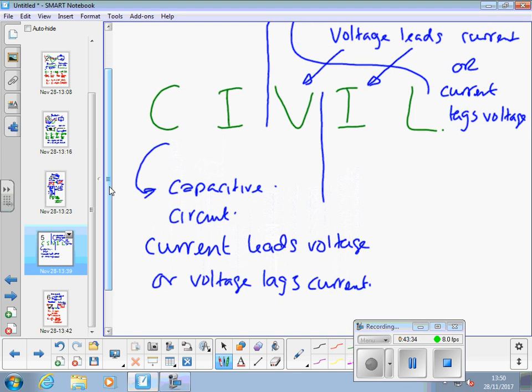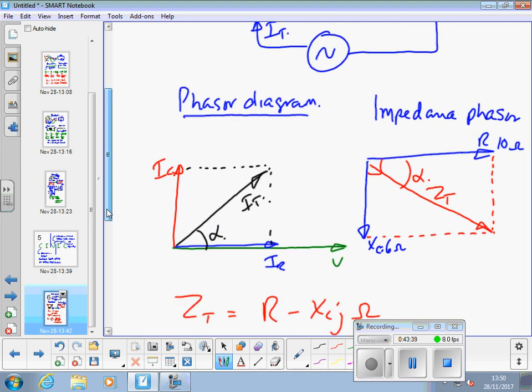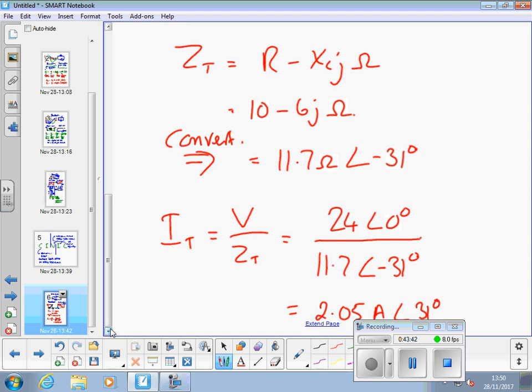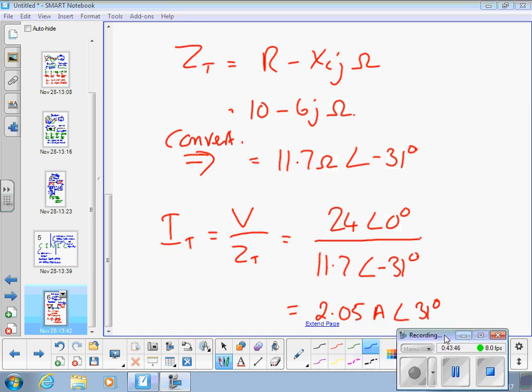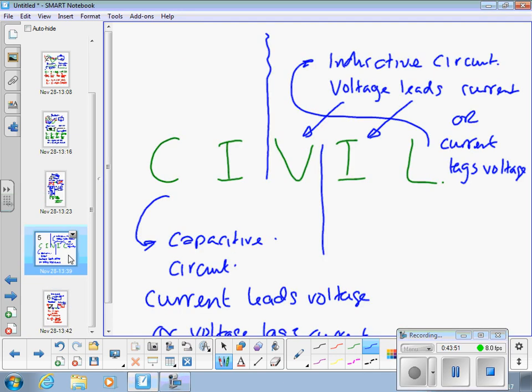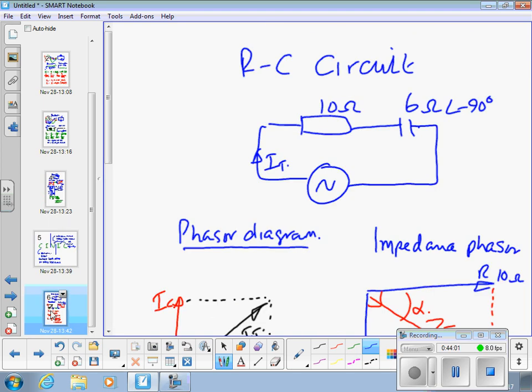In this particular question, we got a totally capacitive resistive circuit. We end up with 2.05 amps at angle plus 31. So we got a positive angle, we got the current leading the voltage, and it fits in with our check from the word CIVIL. Okay, everybody reasonably happy with that so far? Yep.